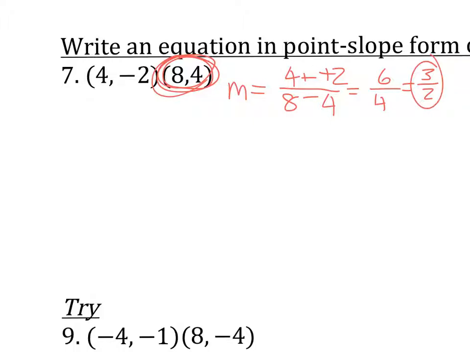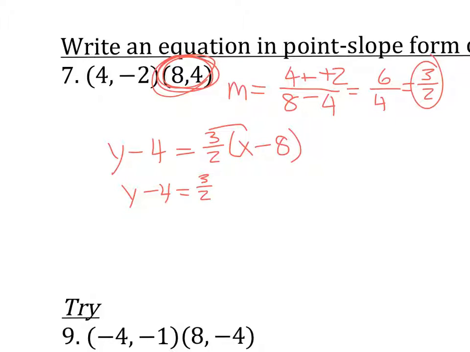So now my point slope form, y minus y1 from the ordered pair I chose is 4 equals the m of 3 over 2 that we just calculated. Parenthesis x minus x1 from the ordered pair is 8. Okay. So now we got to get y by itself. So y minus 4. 3 over 2 times x is just 3 over 2x. 3 over 2 times negative 8.